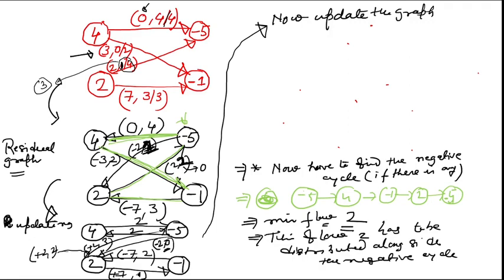It will be 3 only. For the timing, it will be 3, okay? Let us do it and then I'll come back again, okay? So this is 2 comma 3 only that we have decided.